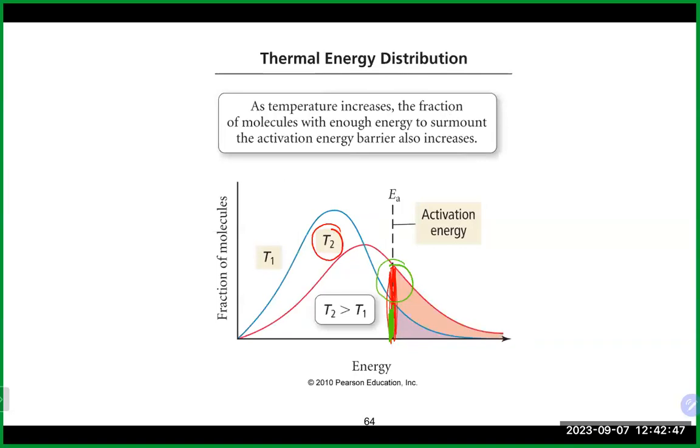And that's what we see here. This is a graph of 2 different temperatures for the same reaction. And I sort of scribbled on it previously, but at the first temperature, which is the blue line, we only have about that fraction of molecules that have a sufficient amount of energy to get up and over to the other side.